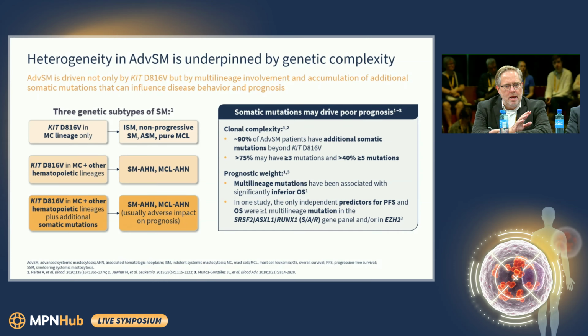And then, about 10 years ago, following all the work on additional somatic mutations, and here I really have to say Alessandro has done fantastic work, and his group with Paolo Guglielmelli on myelofibrosis. And there was other work done on CMML. And then we and others looked into the genetic profile of advanced systemic mastocytosis.